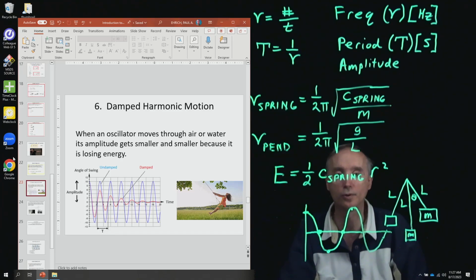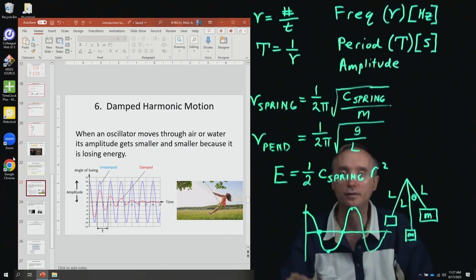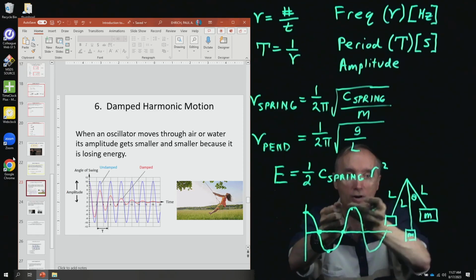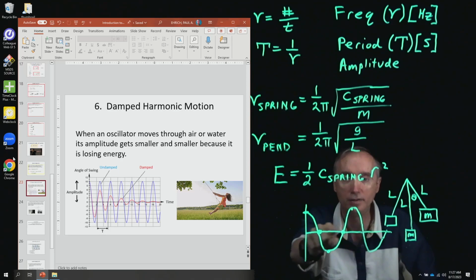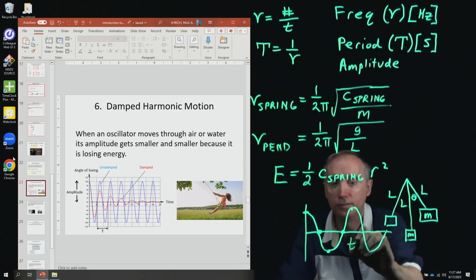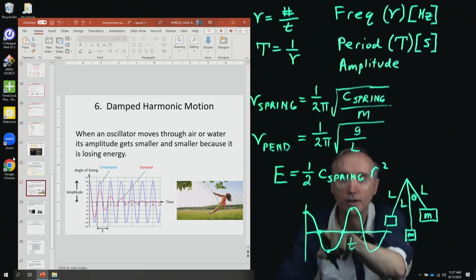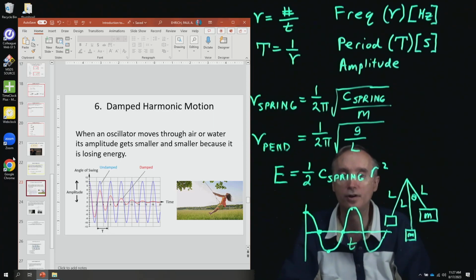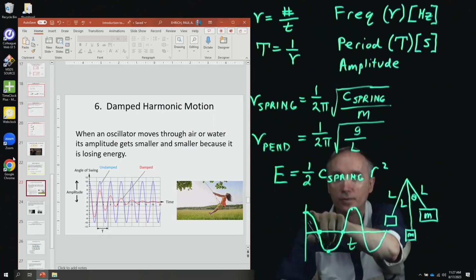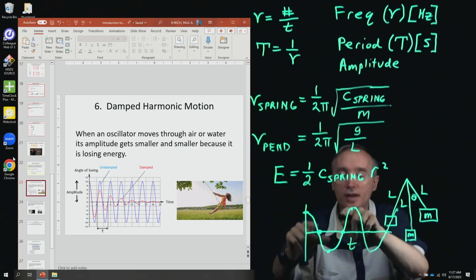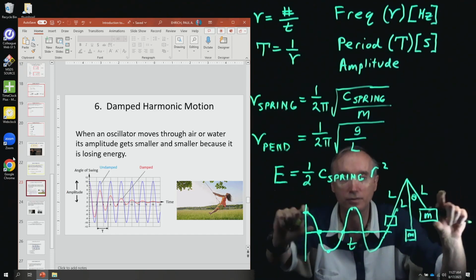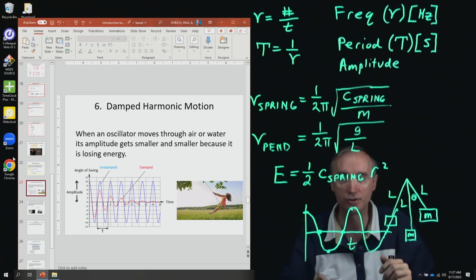If we were to graph the amplitude, how far out we are pulling this thing, versus time t, with time going sideways, we would get a graph like this. Notice that it's at its maximum, and then up here it's at its maximum. So notice that it's not changing. The wave is not changing.